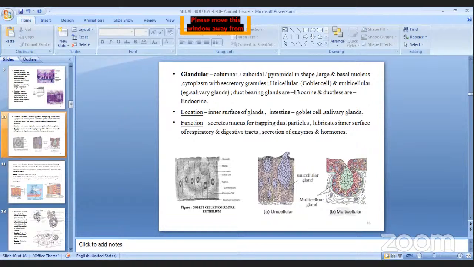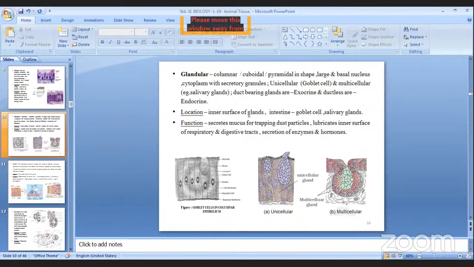It can be unicellular, example goblet cell, or multicellular, example salivary glands. Duct-bearing glands are known as exocrine, and those which do not have ducts are known as endocrine. So glands can be exocrine if they have ducts, and they are known as endocrine if they are ductless.